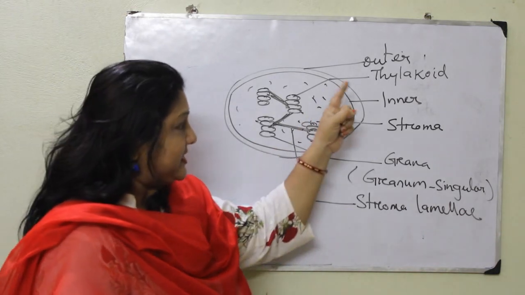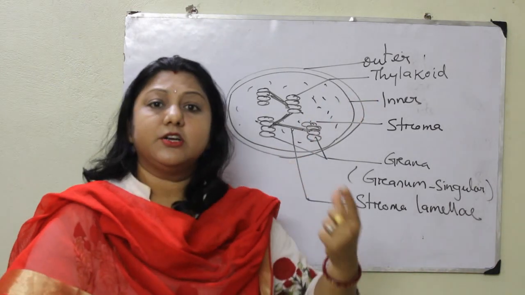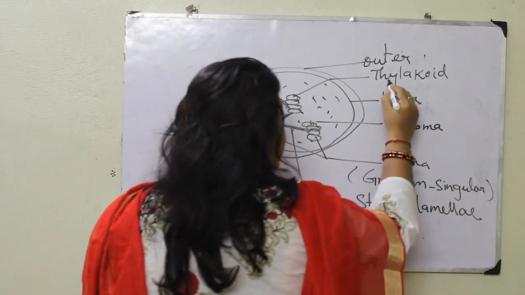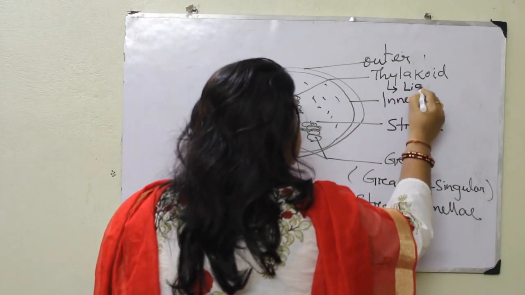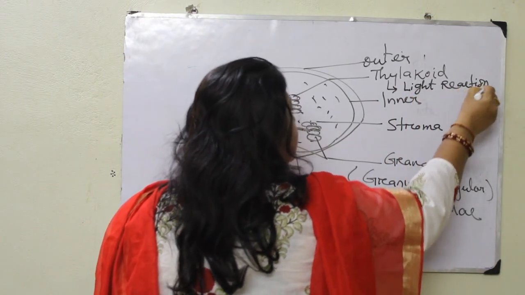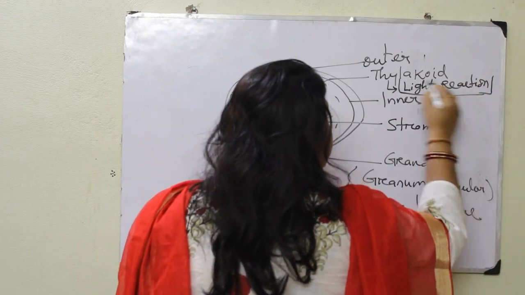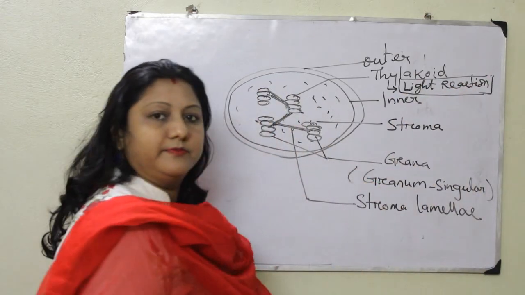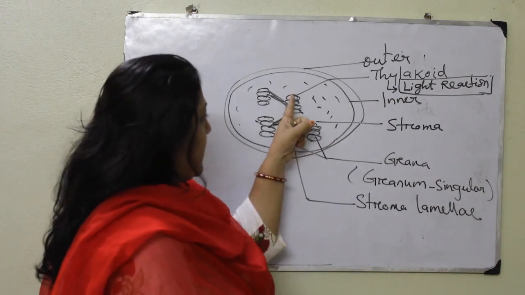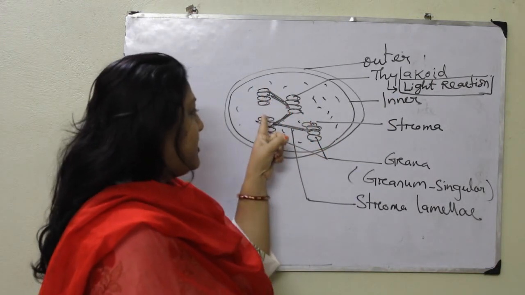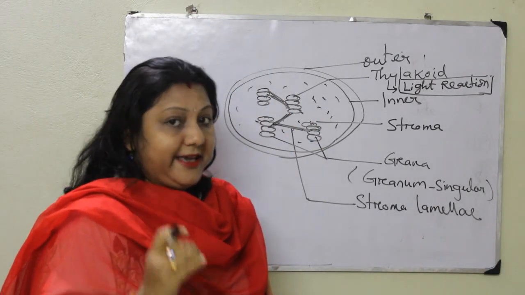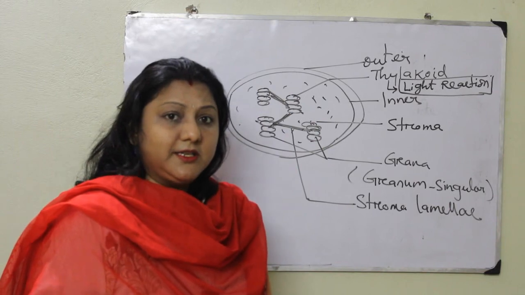Now, the thylakoid is the region of light reaction. Thylakoid carries out the light reaction. So where is the location of light reaction? These disc shaped structures. What are the events taking place in light reaction?